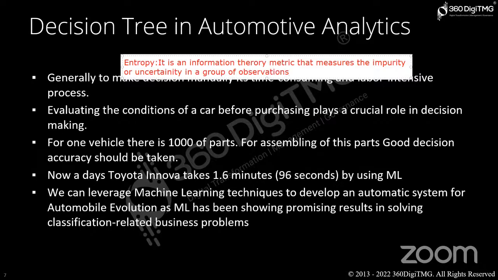So entropy is nothing but an information theory metric that measures the impurity or uncertainty in a group of observations. If we have the data set, do we have any uncertainty in the group? That is nothing but entropy.